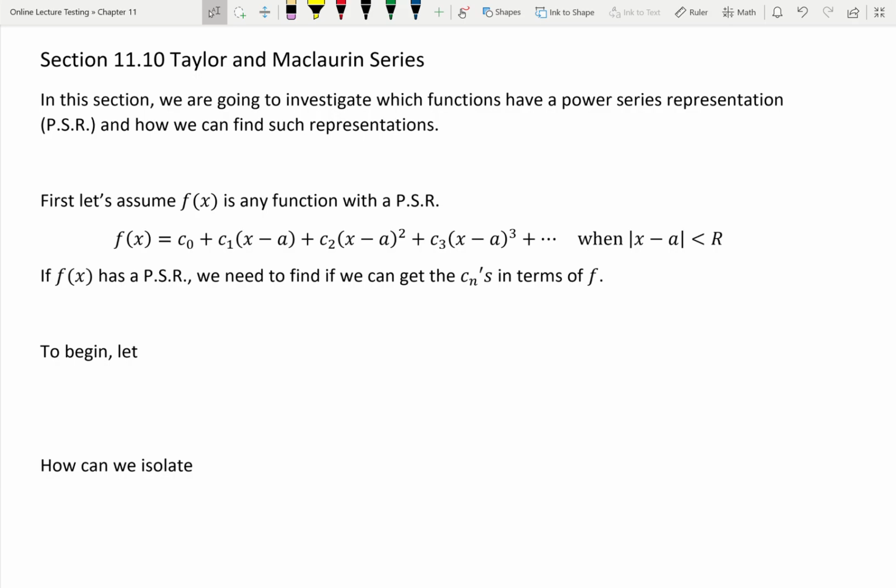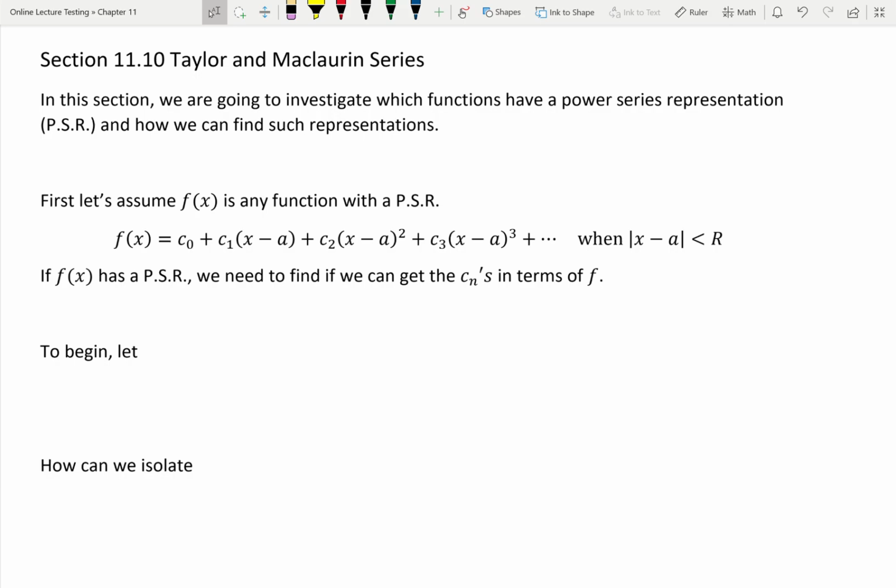Before we get into Taylor and Maclaurin series, let's talk briefly about what we just learned in 11.9 with power series representations of functions. Based upon the structure of the function, like 1 over 1 minus x, this appears to be the sum of a geometric series.